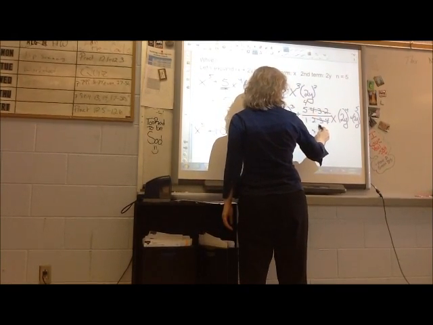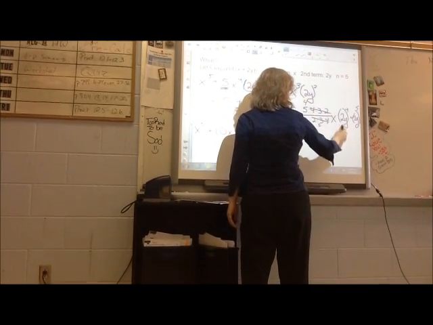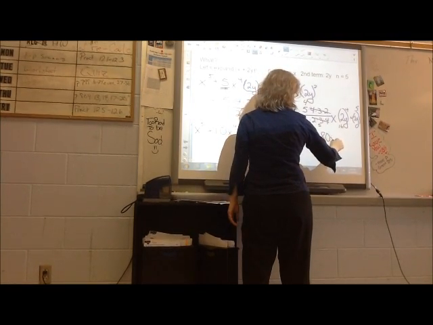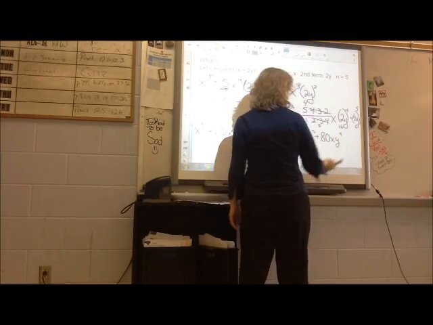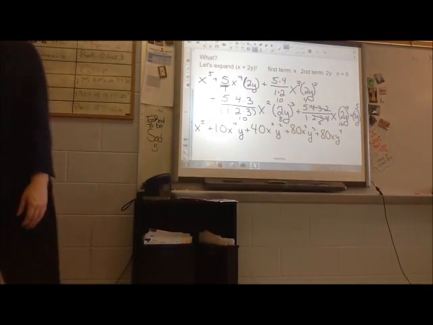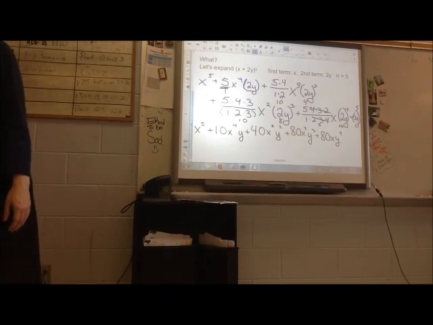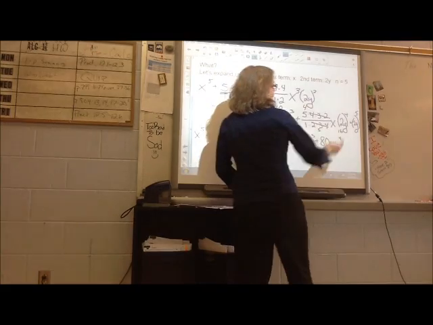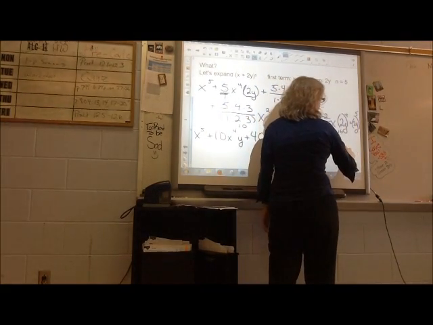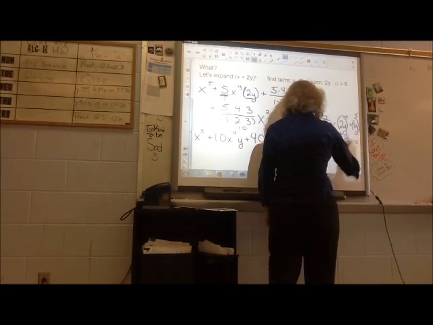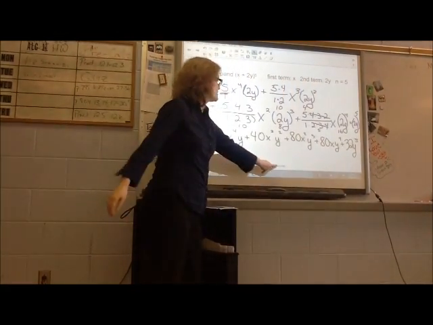So this part is 5, and now we've got 2 to the 4th is 16. So this is 80 again, x times y to the 4th. And then the last one, the only thing to do here is raise 2 to the 5th, so it's 32 times y to the 5th. That's it. That's the full expansion.